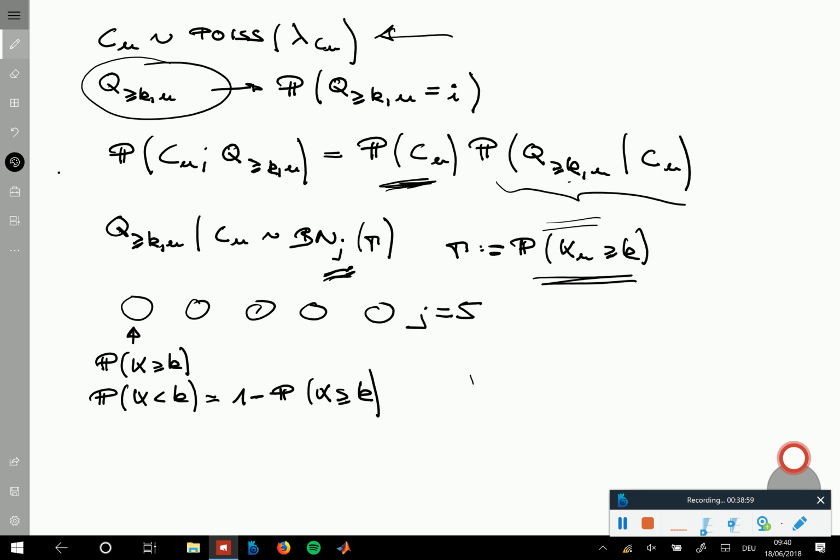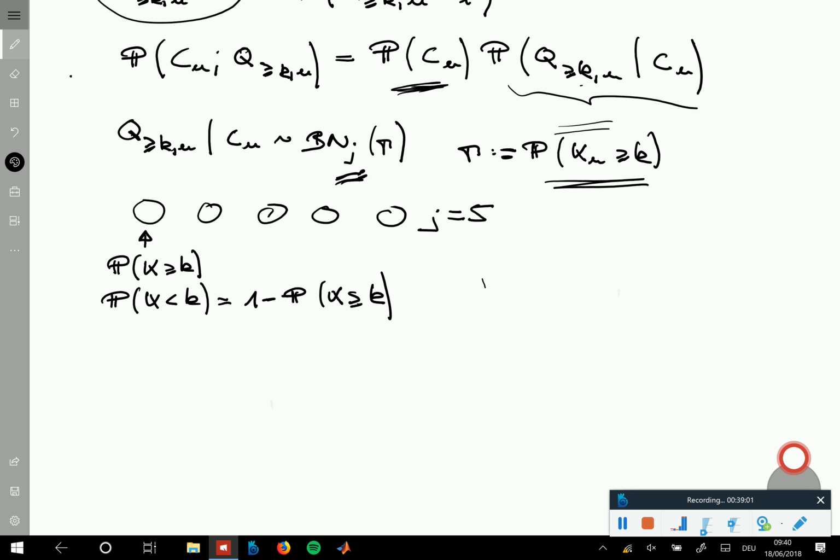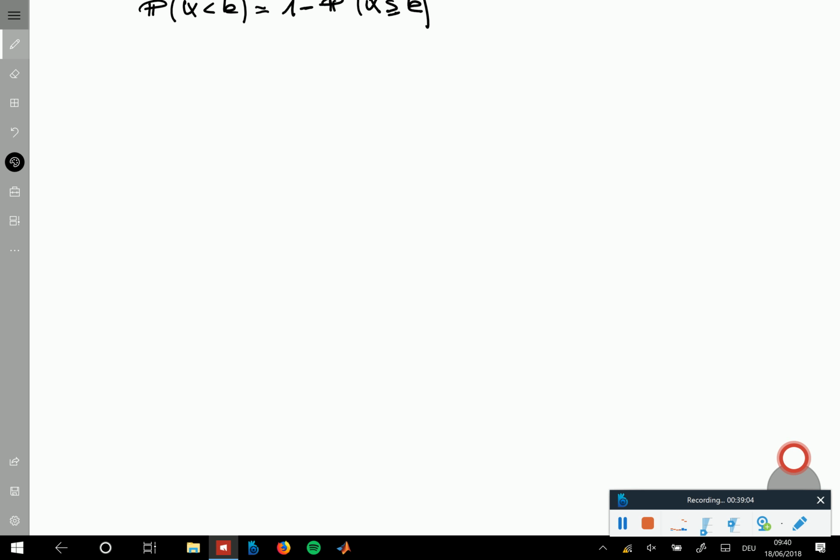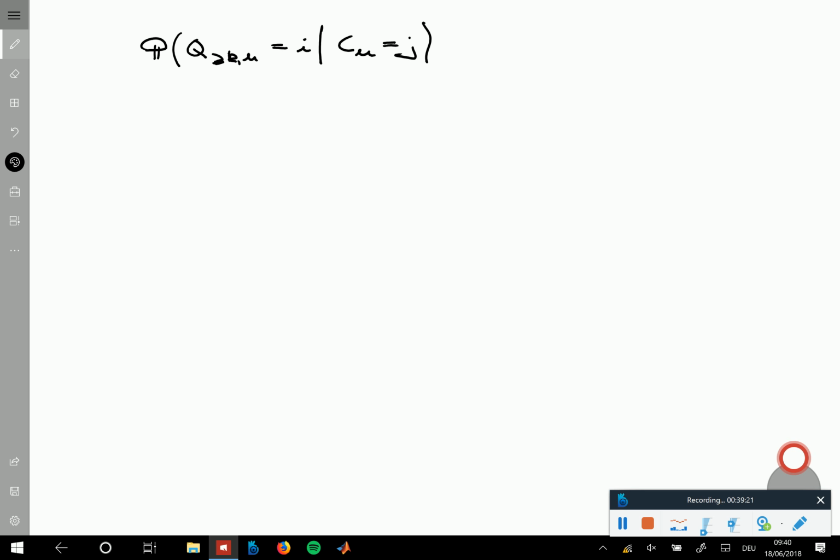If you're clear about this, then the definition of the following makes a lot of sense. So the conditional probability of this random variable Ku to be I given Cu equals J. So for example, 10 clusters, and the question is what's the probability that 3 of them have a volume larger than K, takes on this form, which is just the form of the binomial distribution.